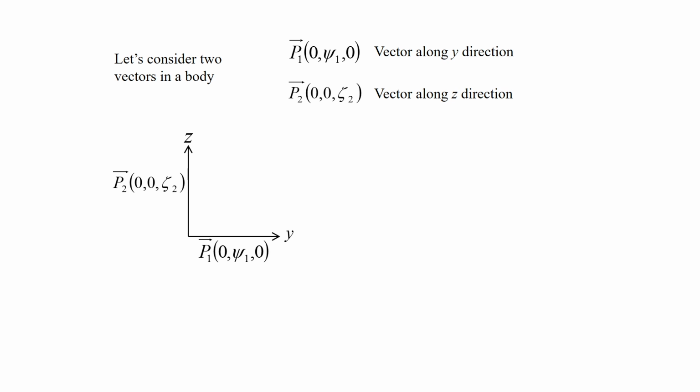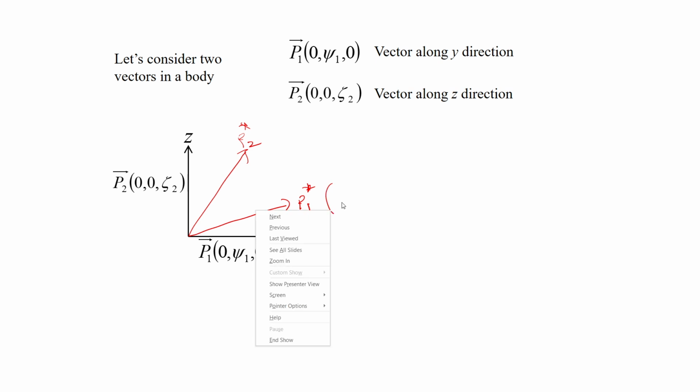Similarly, let us say that we have two vectors here, p1 vector and p2 vector. So, p1 is a vector along the y direction, and p2 is a vector along the z direction. Here this p1 vector now becomes, let us say, p1 star vector, and p2 vector becomes p2 star vector, something like this. So, p1 star vector has changed.